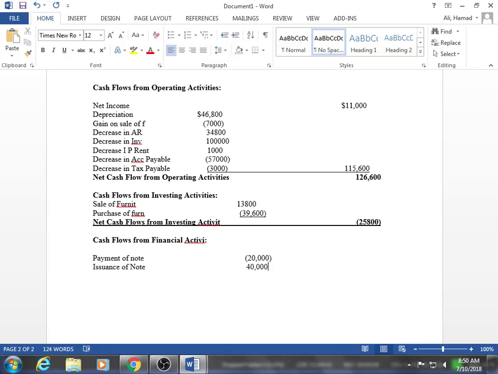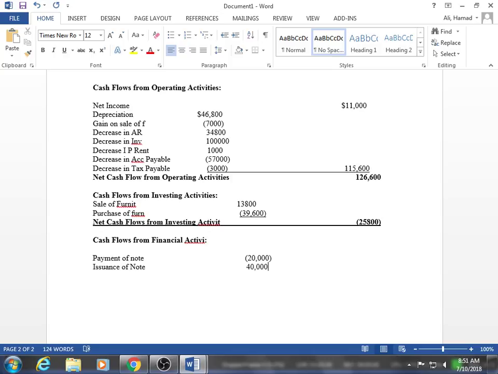And then the D, declared and paid 6,000 cash dividend. Now, how about this 6,000? Yes, this 6,000 is included. Remember we said if you pay the dividends, it's an outflow, so it's an outflow in financing. If you're receiving it, then it is operating.